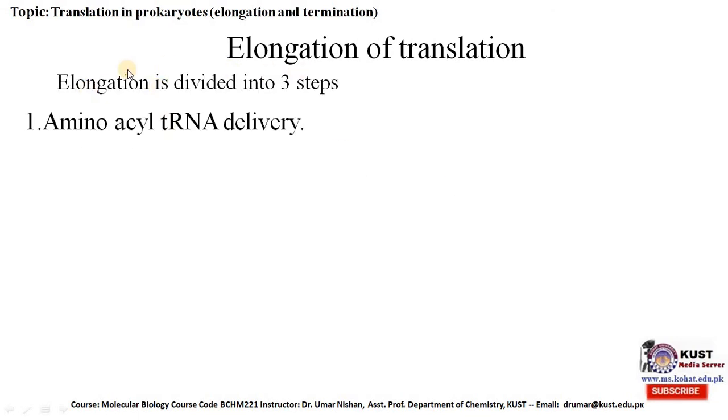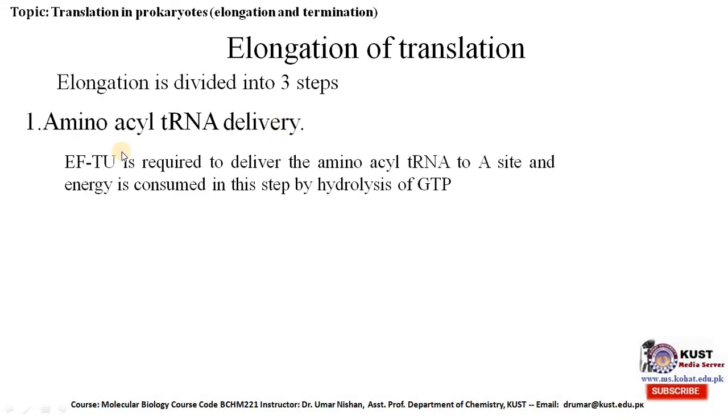Now, the process of elongation is divided into 3 steps. The first among these 3 steps is amino acid transfer RNA delivery. Amino acid transfer RNA delivery is important because elongation factor Tu is required to deliver the amino acid transfer RNA to the A site, and energy is consumed in this step by hydrolysis of GTP.